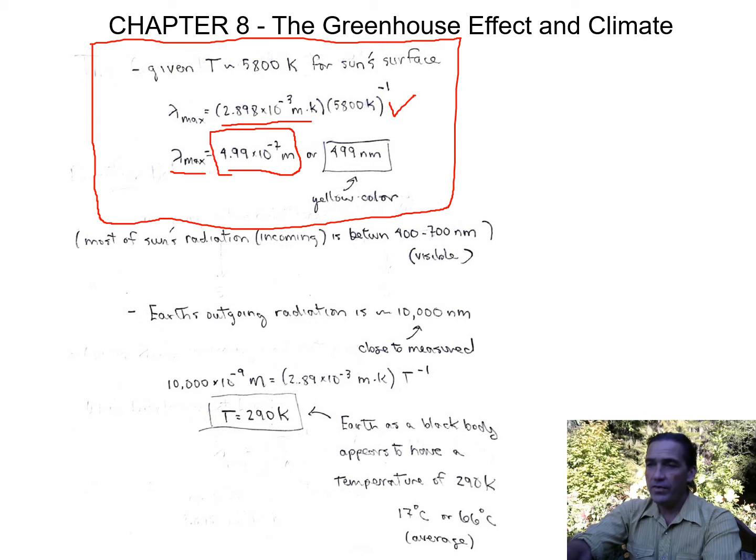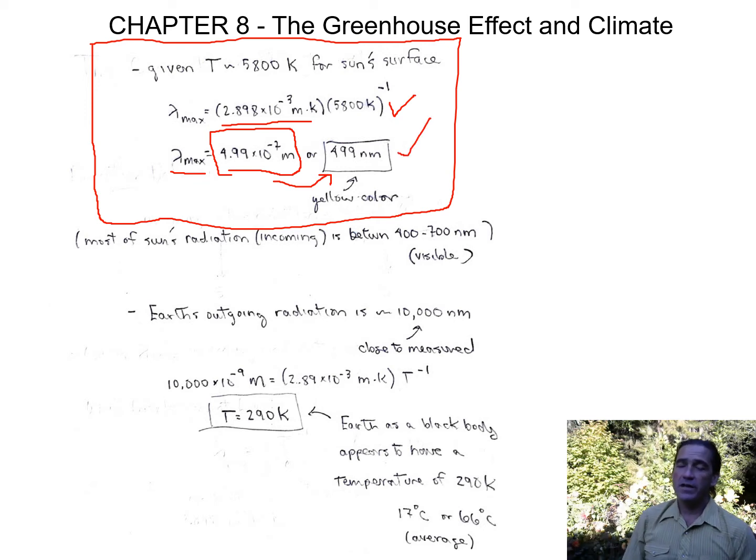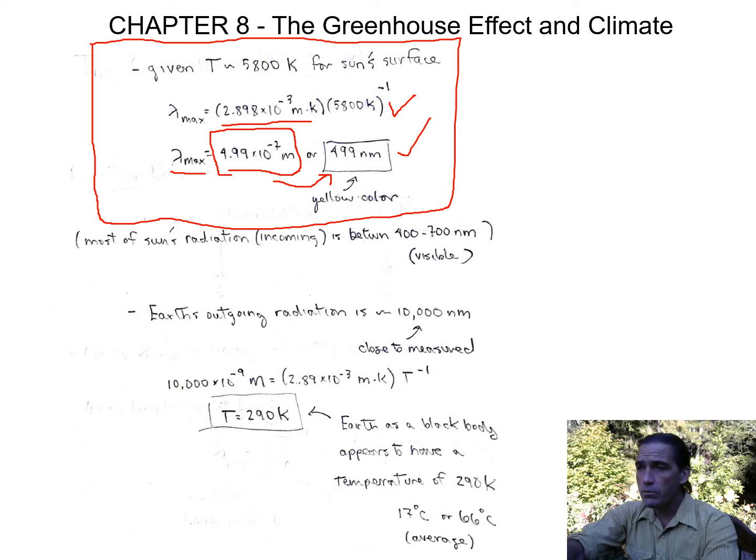If I convert that into nanometers, there are a billion nanometers in every meter, I get 499 nanometers. That's very close to what was measured in the previous figure, saying that the maximum intensity was 483 nanometers. So most of the energy coming from the sun is in the visible region of the electromagnetic spectrum.